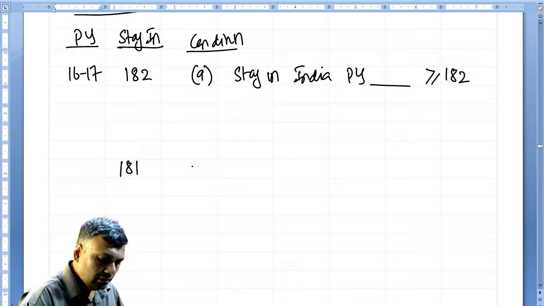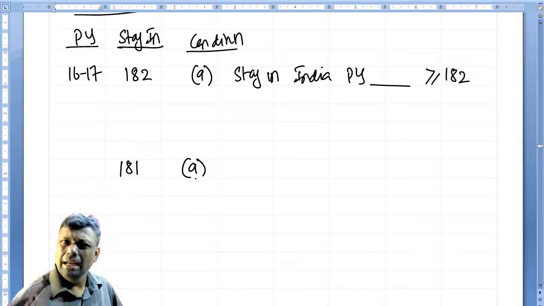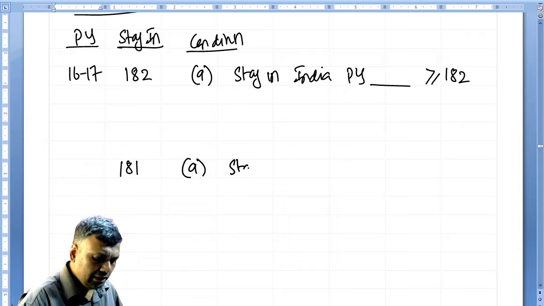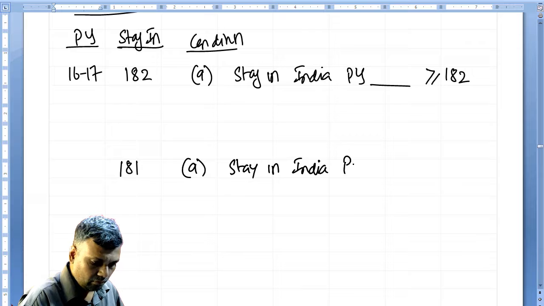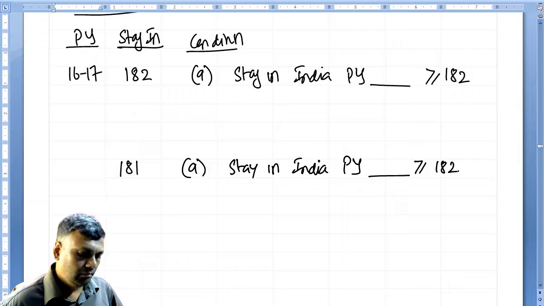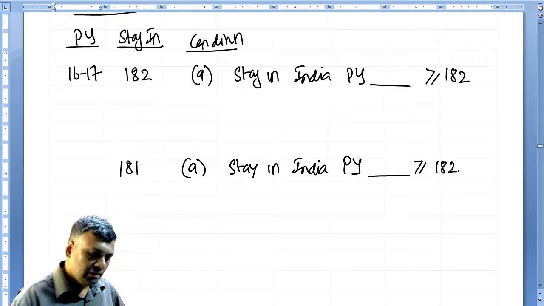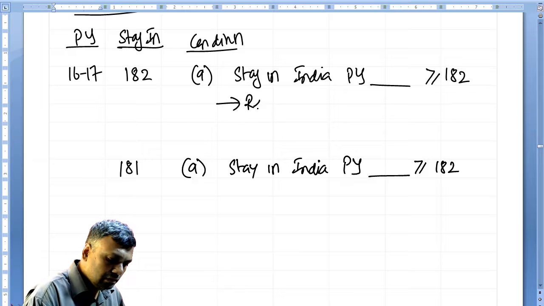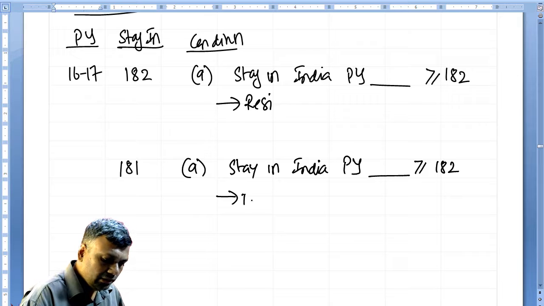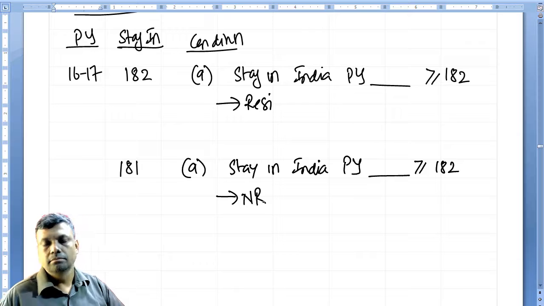Again I am just repeating the condition: stay in India, previous year, greater than or equal to 182 days. If it is 181 days, then he will be non-resident. So in this case, he will be resident. In this case, he will be non-resident. Correct?